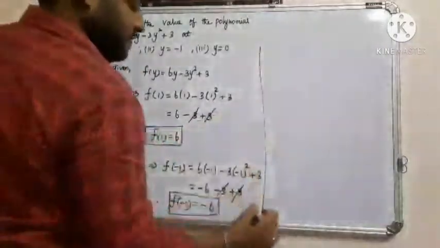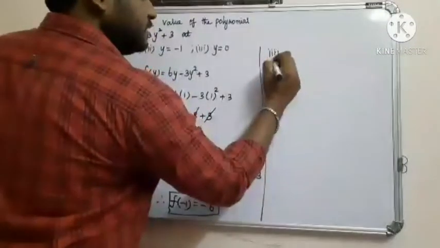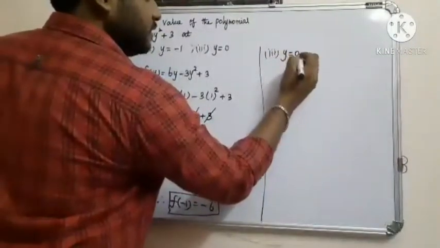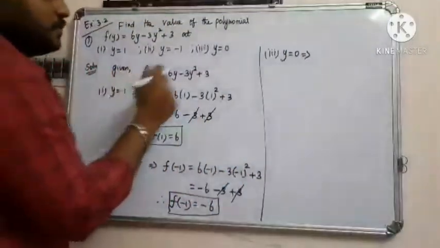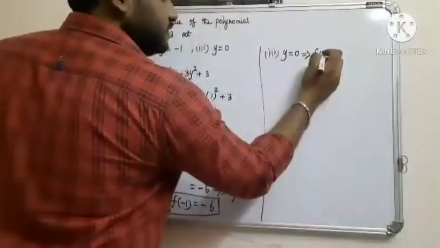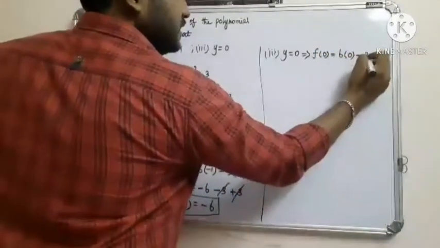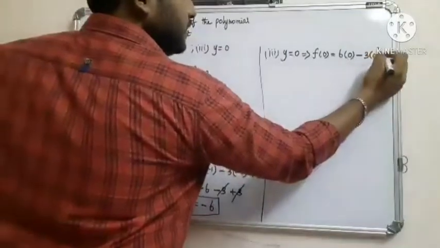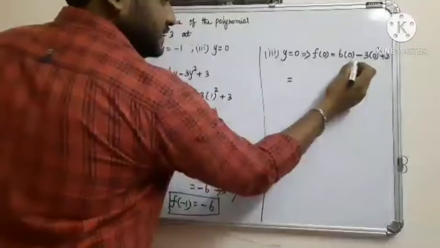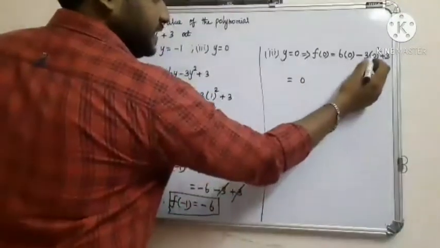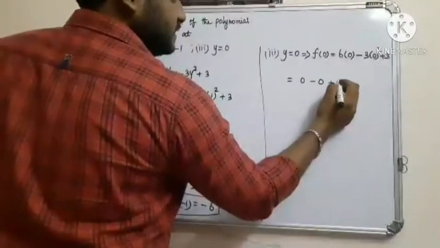And then we have to find y is equal to 0. So that is the third one. y is equal to 0. Instead of y, you have to substitute 0. So f of 0 is equal to 6 into 0 minus 3 into 0 square plus 3, which is equal to 6 into 0, 0, minus 3 into 0 square is 0, minus 3 into 0, 0, plus 3.